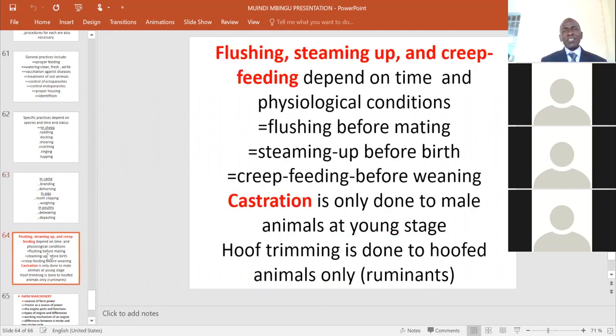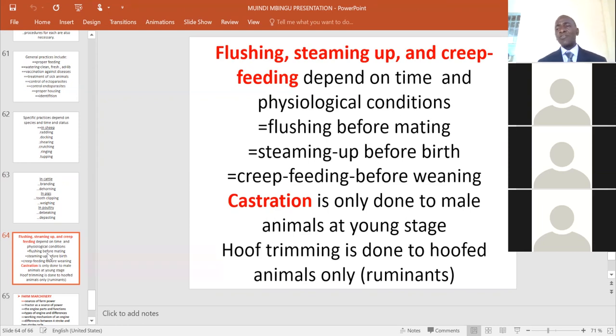So now, flushing, steaming up, and creep feeding are management practices around feeding, isn't it? And they are different practices depending on the time and physiological condition of the livestock on which this practice is carried out. Flushing, for example, is done before mating in sheep.